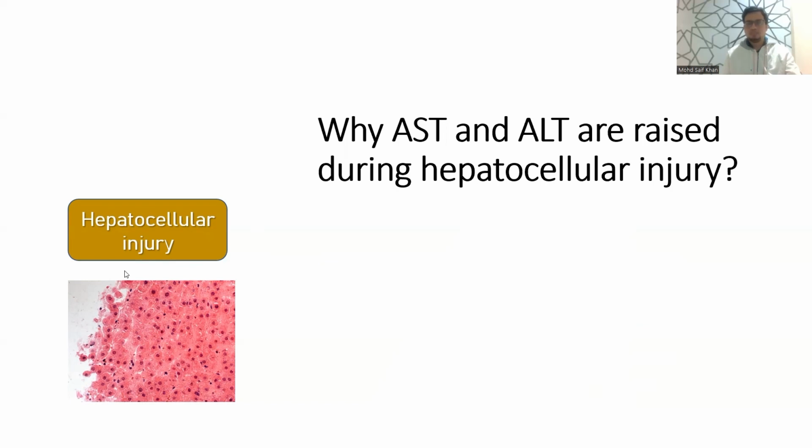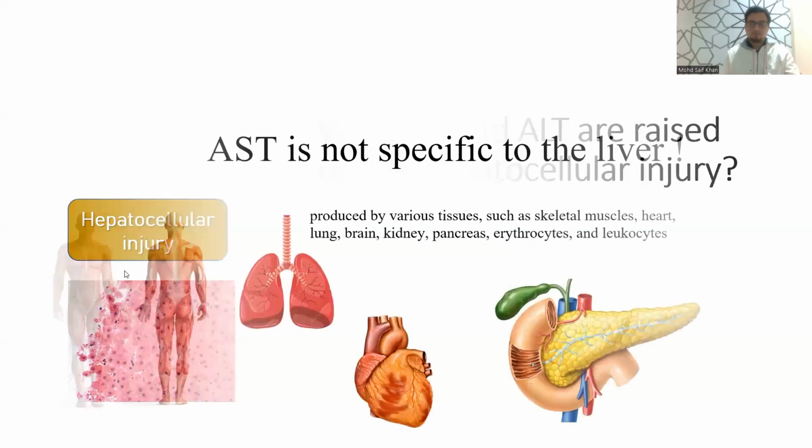During liver injury, hepatocellular permeability is increased. There are leaky hepatocellular membranes, and that is why AST and ALT leak from the intracellular space to the extracellular or intravascular space, that is plasma, leading to a massive rise in AST and ALT, especially in cases of ischemia.